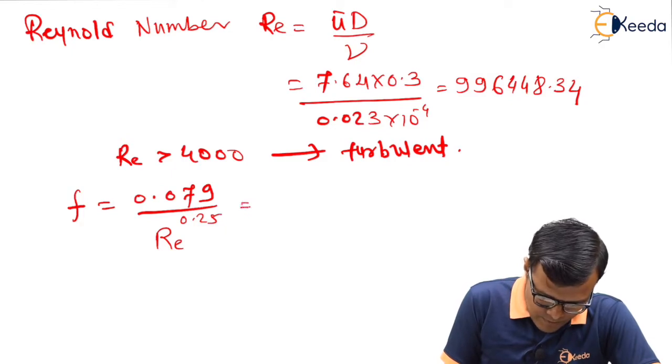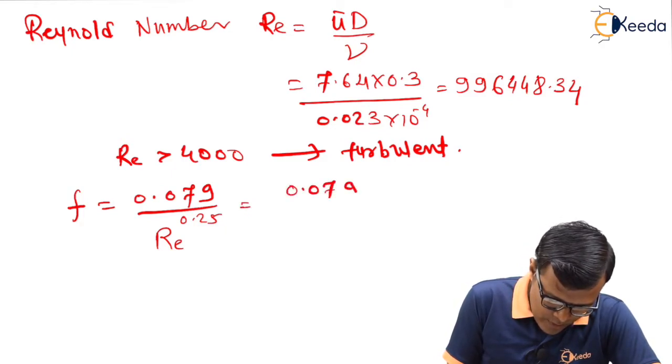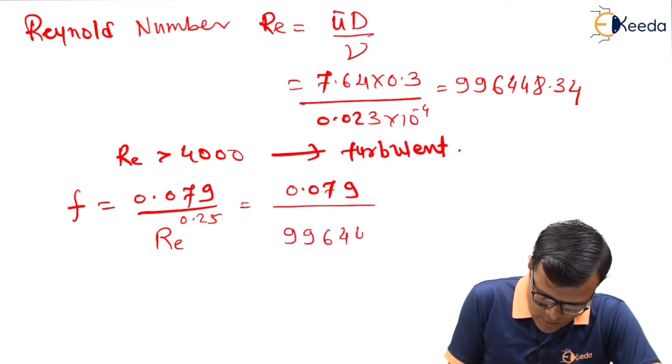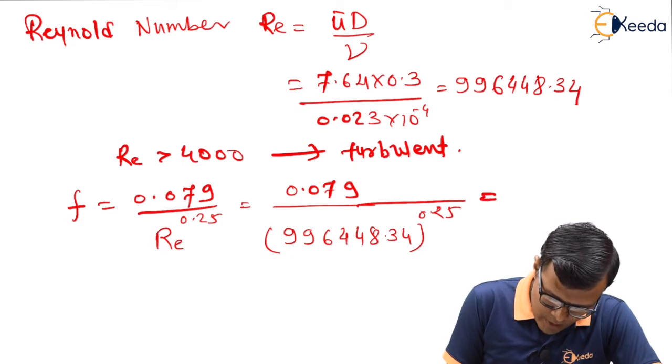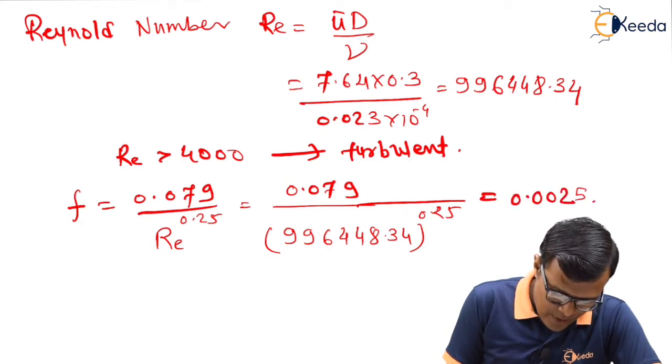So it becomes 0.079 upon 996,448.34 to the power 0.25, which is 0.0025.